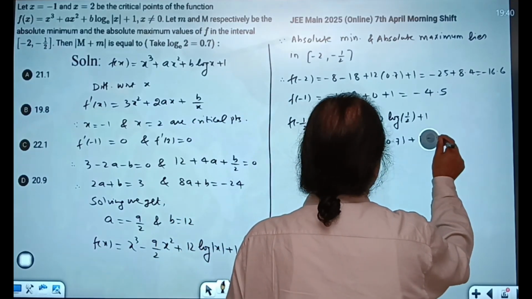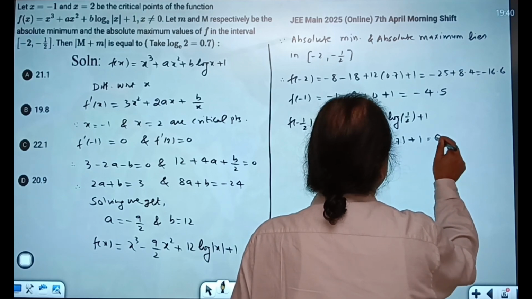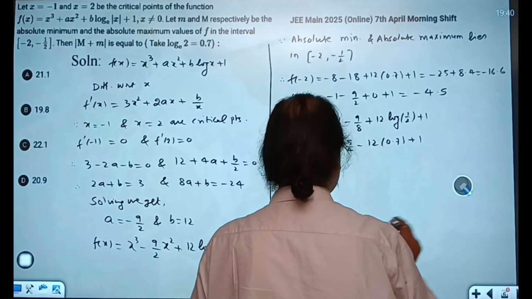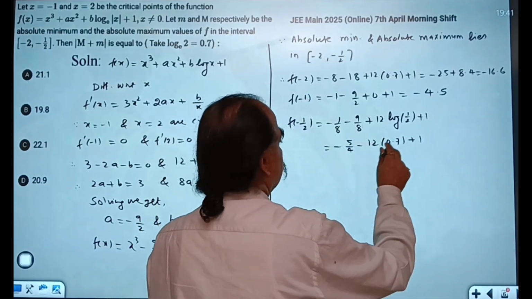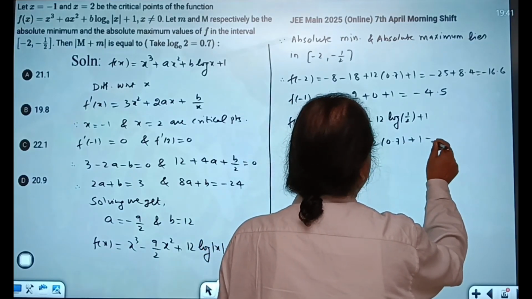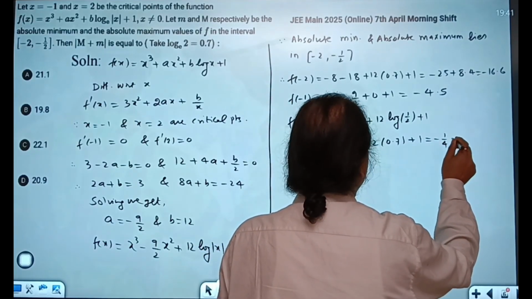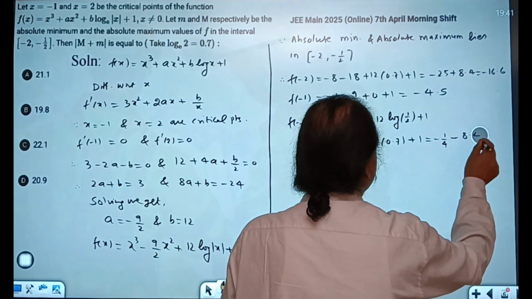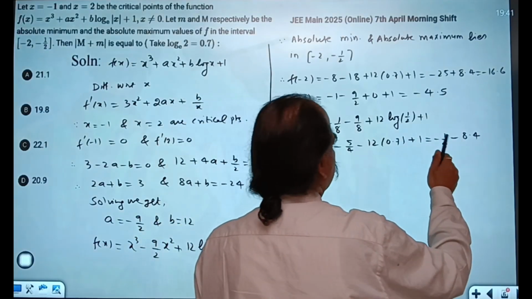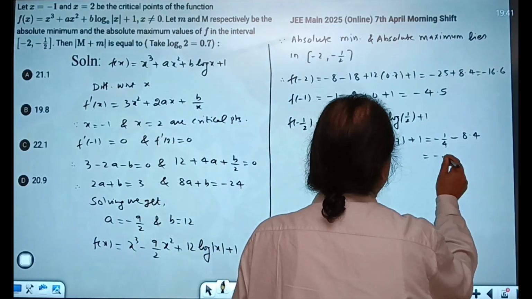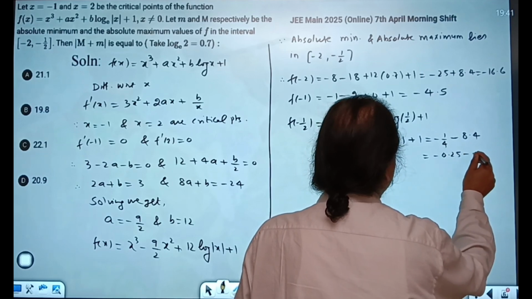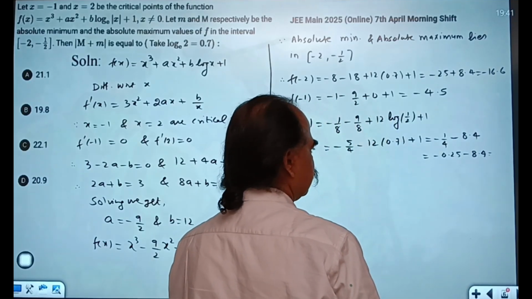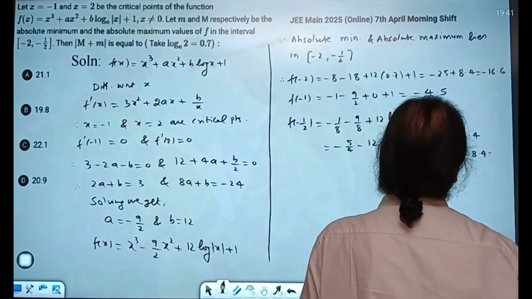Minus 1 by 4, that is minus 0.25. So minus 0.25 is equal to minus 8.65.